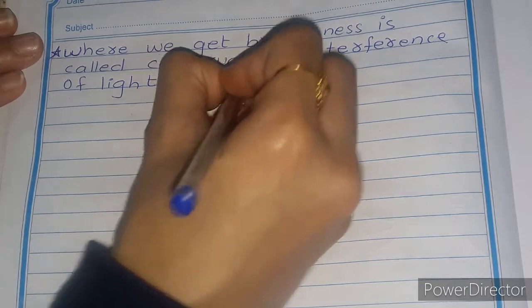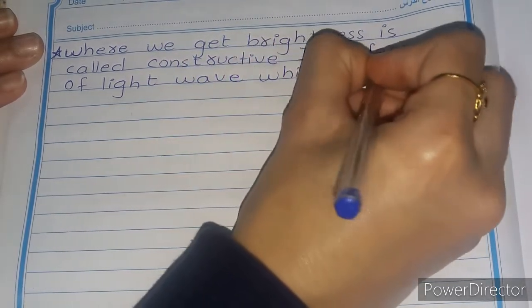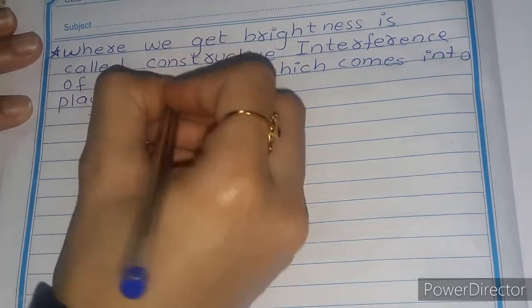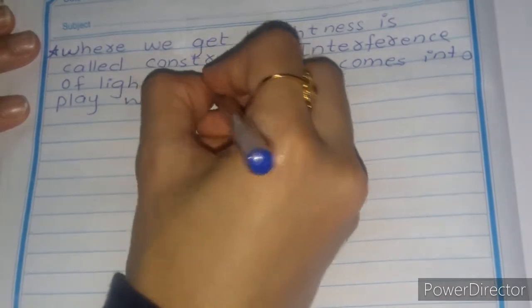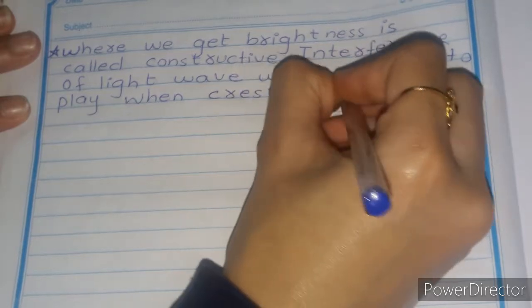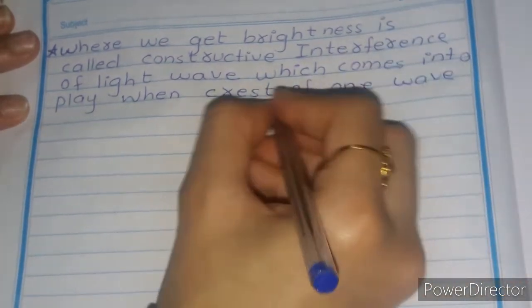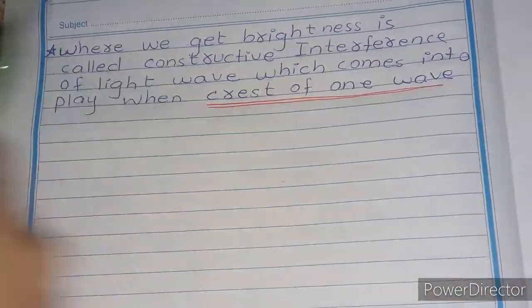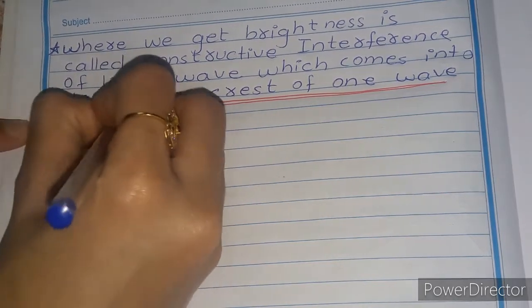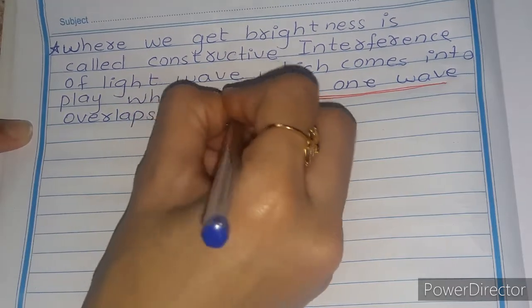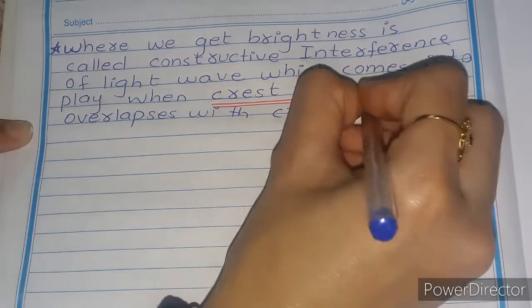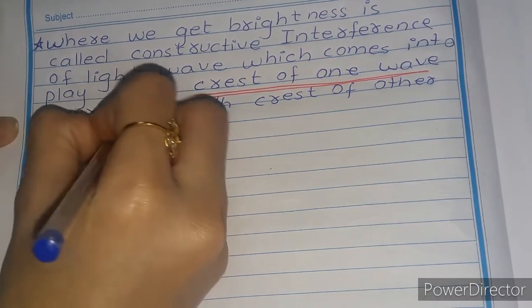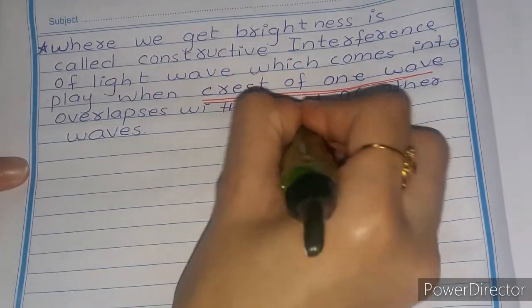It comes into play when the crest of one wave overlaps with the crest of another wave. This is the important line.